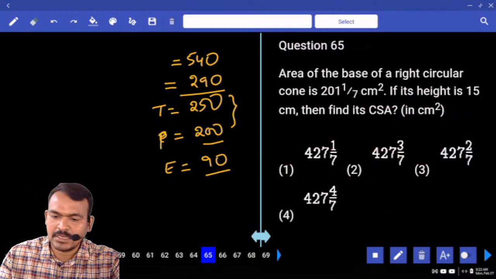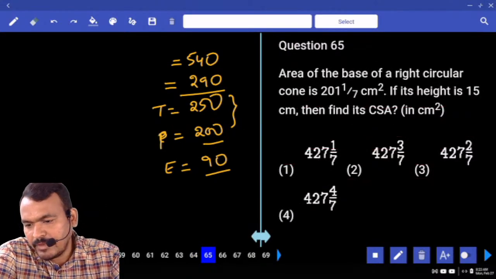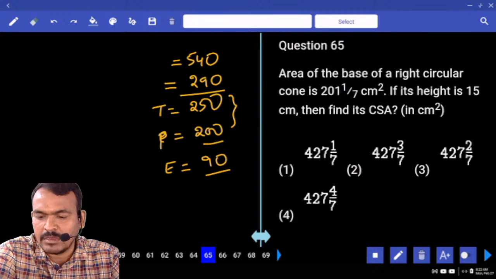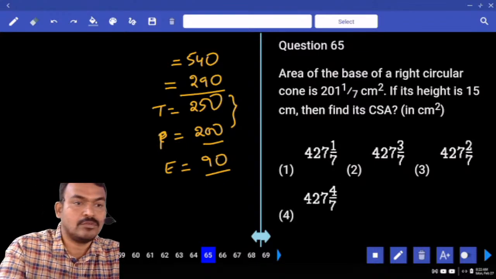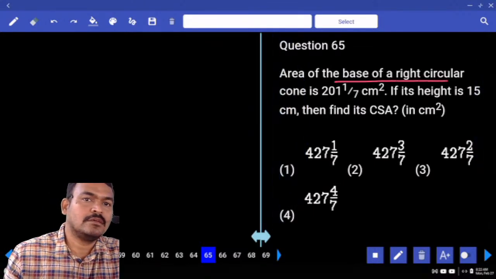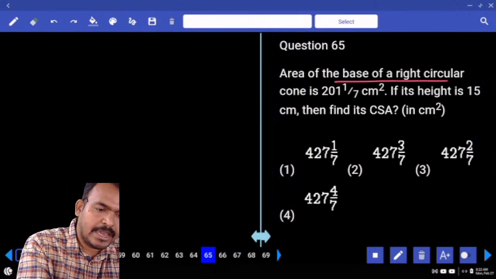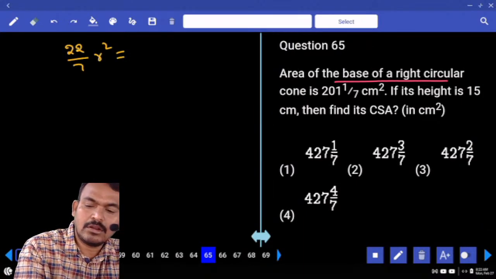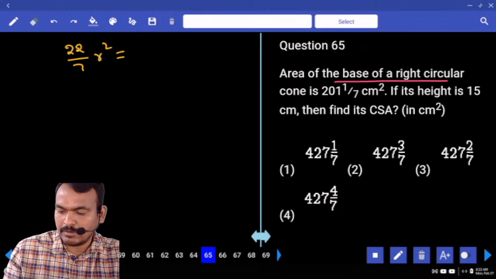Next, question number 65. The area of the base of a right circular cone is 201 1 by 7 centimeter square. If its height is 15 centimeters, find its curved surface area. Area of the base means pi r square, which is 22 by 7 into r square, equal to 201 1 by 7.